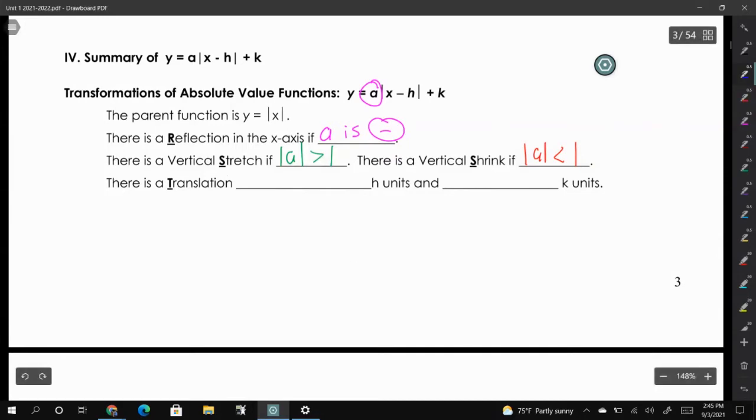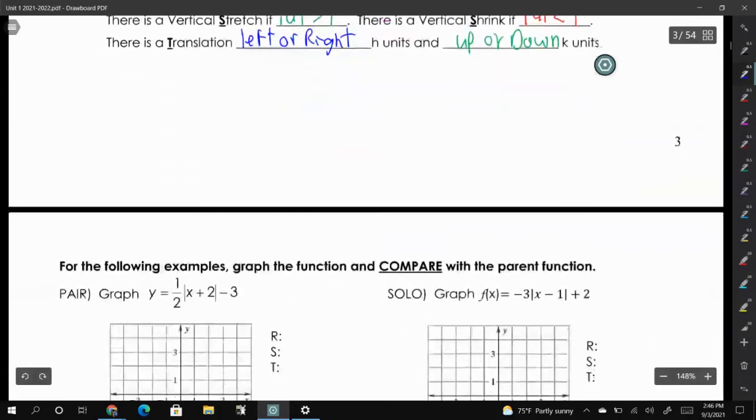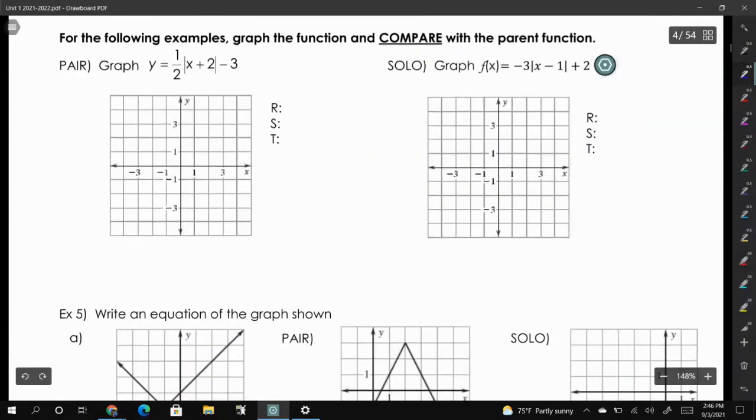The translation, you are going left or right h units, and you are going up or down k units, whatever that k number is out here, and that h number on the inside. So let's look at some examples now on the next page.